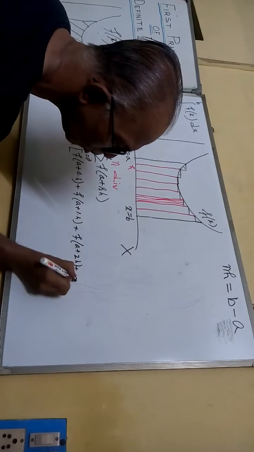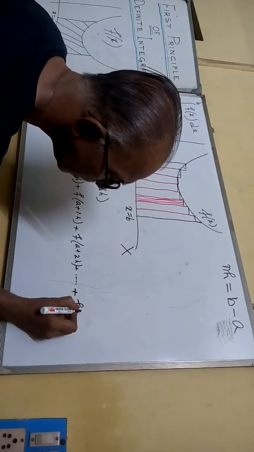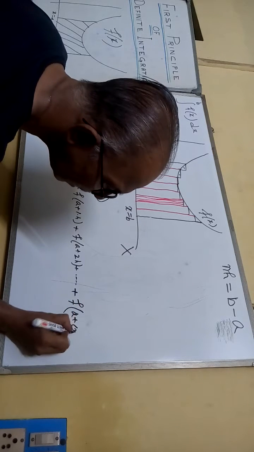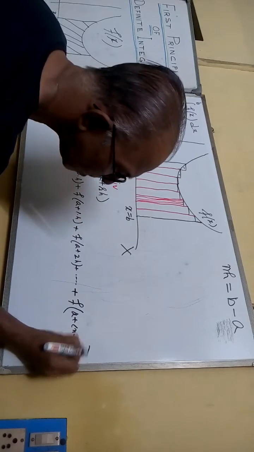In this way it will go on, plus f(a plus (n minus 1) times h)].